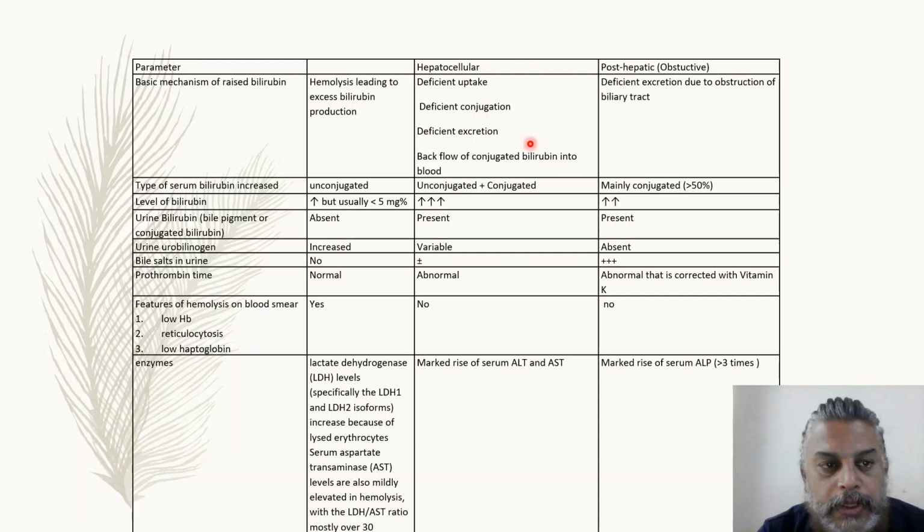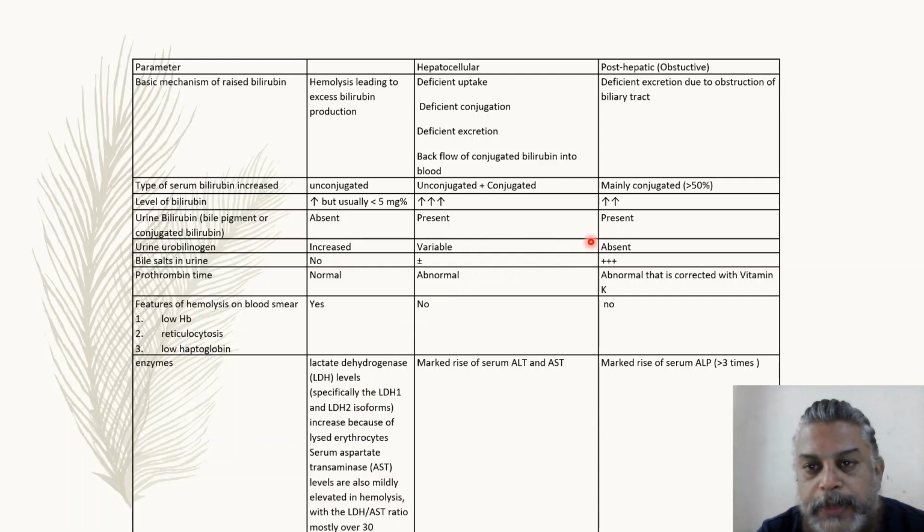So, dear friends, the basic mechanism of raised bilirubin in hemolysis is increased red cell breakdown, and it is usually unconjugated. Bilirubin in hemolysis is rarely more than 5 milligrams. Other investigations like LDH are raised because of increased turnover of red blood cells.